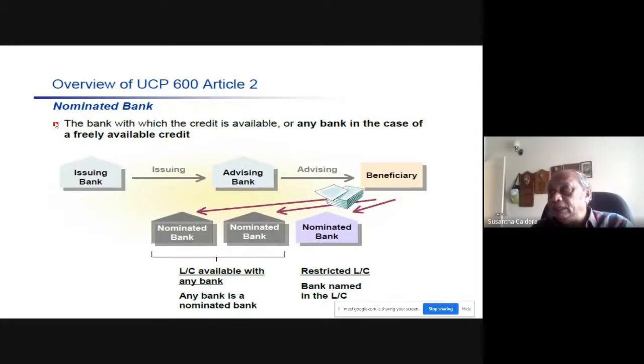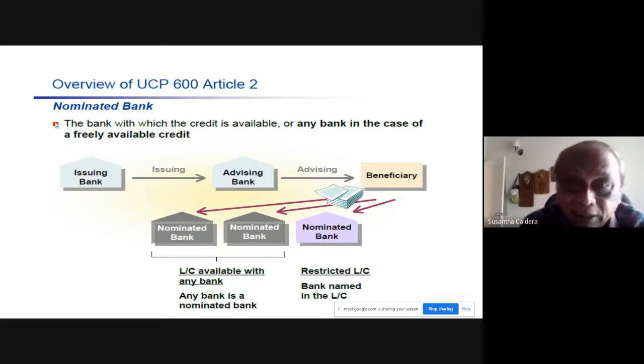When NDB Bank opens an LC, they will say Standard Chartered Dubai as a nominated bank. Then the nominated bank is Standard Chartered Dubai. They have been nominated by the issuing bank to negotiate the documents.